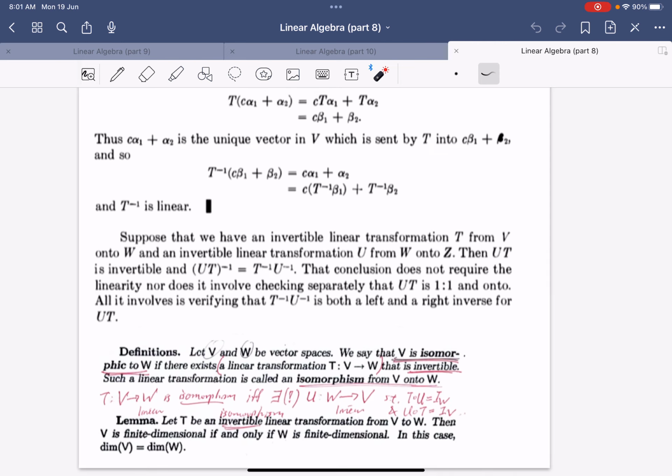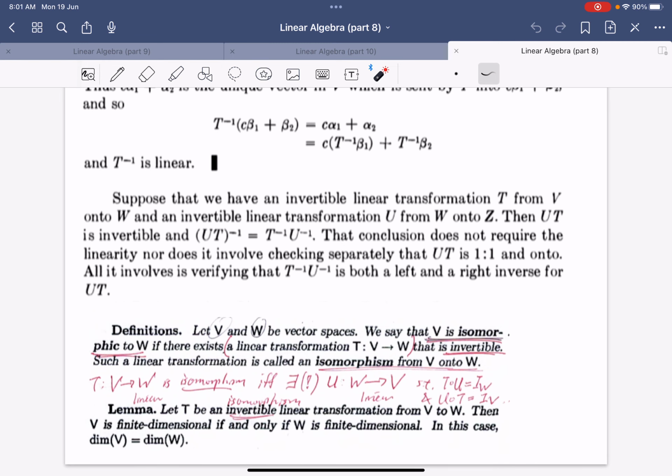The last piece of terminology to introduce is that we say that two vector spaces are isomorphic if there exists a linear transformation that is invertible between the two vector spaces.